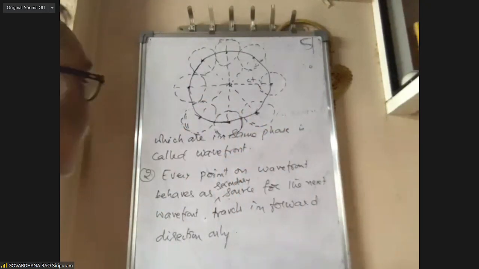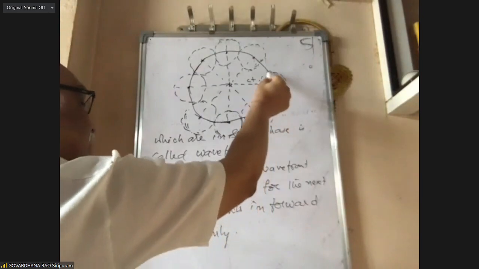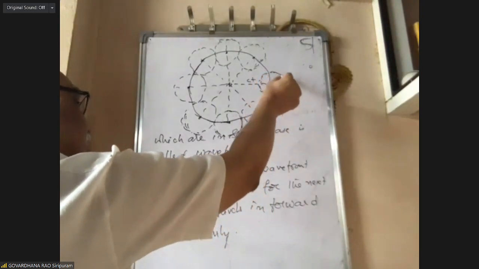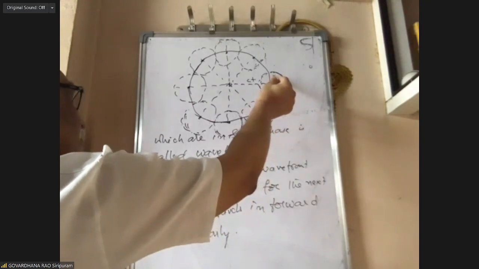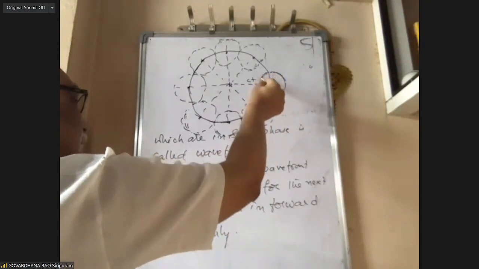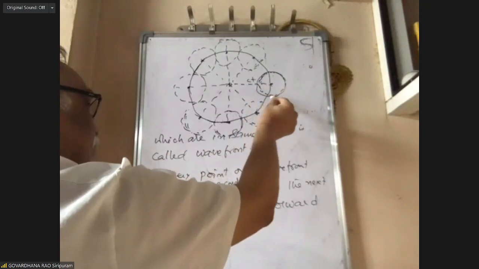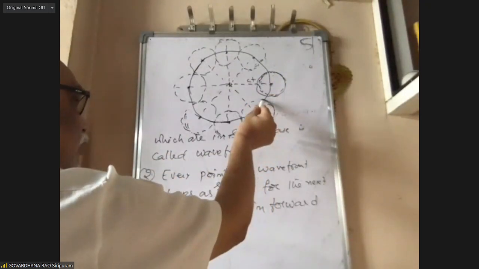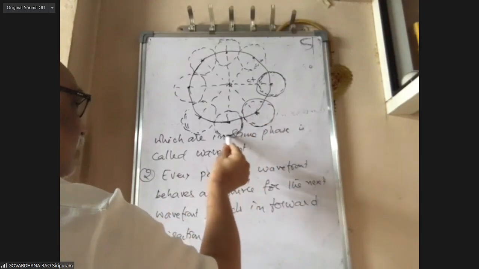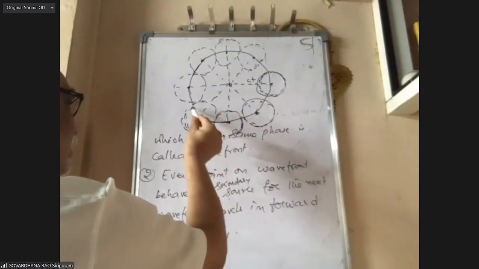And again, this part of the wavefront is called what? Forward wavelet. This is called backward wavelet. Forward and backward.